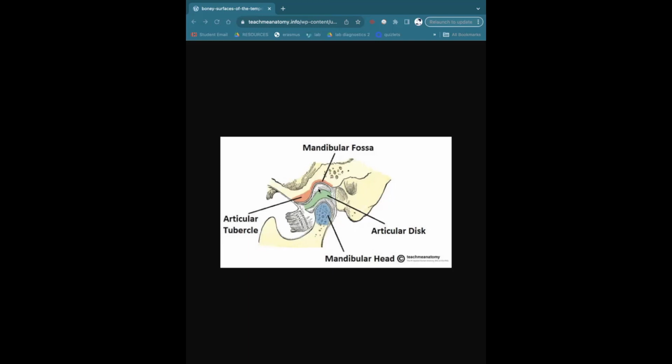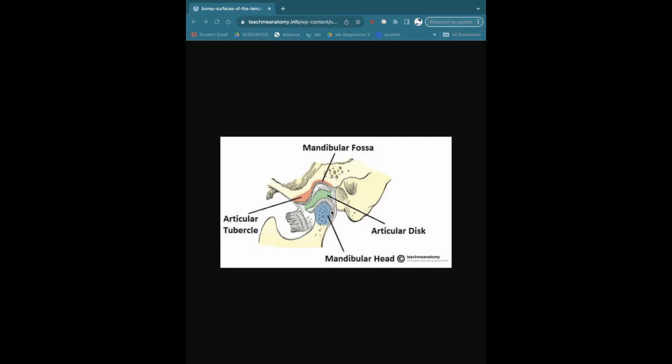Here on my screen, you see the first surface is the mandibular fossa, and the articular tubercle of the temporal bone.